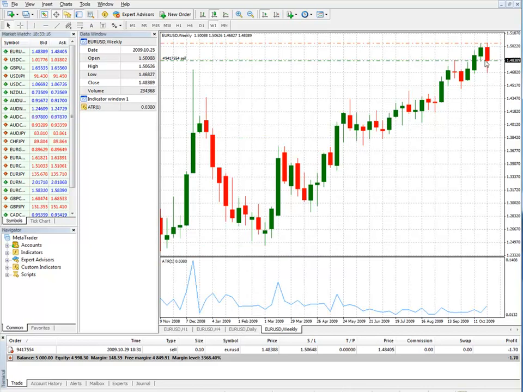Like so. You see the previous week, the average true range is 233 pips. So that's actually a pretty small range. You see that the current week, it's 380 pips.